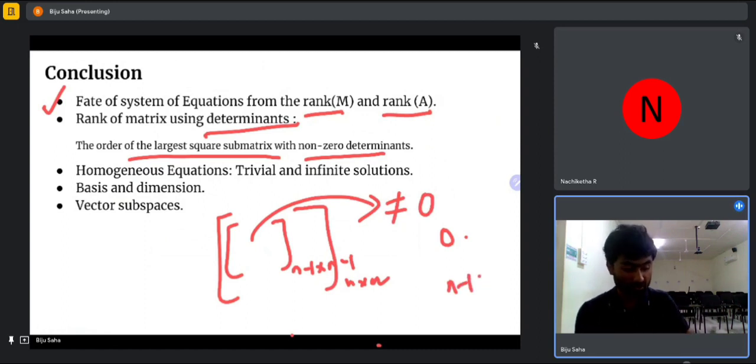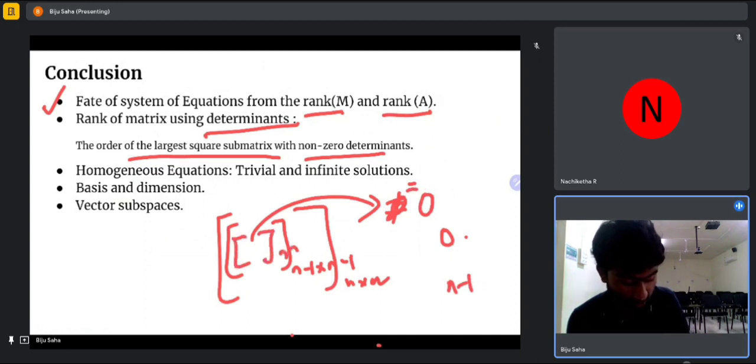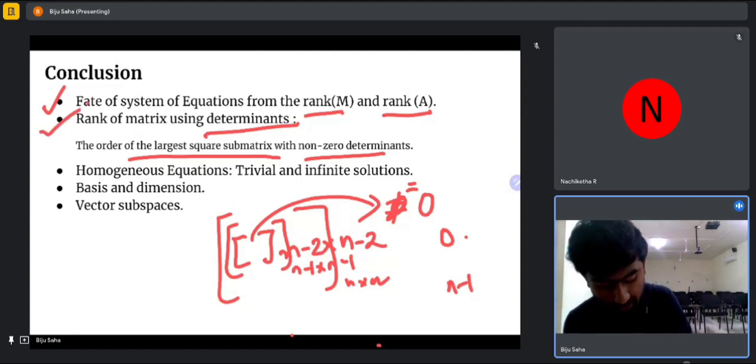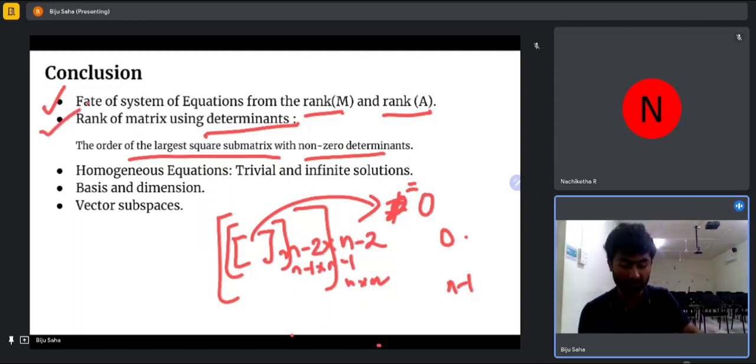If that also turns out to be 0, go find another smaller submatrix, n minus 2 into n minus 2, and keep carrying out this procedure till you find the largest square submatrix with non-zero determinant. The order of that matrix would be the rank of the total matrix. So that is finding the rank of a matrix using the determinant.